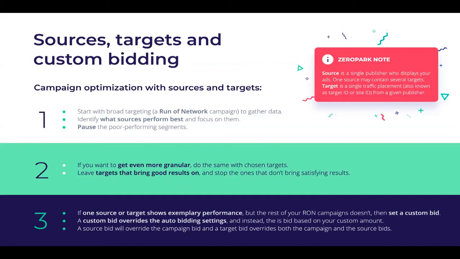So the best way to describe how it all performs is, if you imagine a giant tree where the trunk of the tree is the source, so the publisher feed, and then you've got the branches of the tree, which are the targets, the website ID.